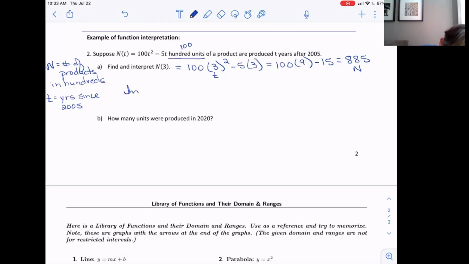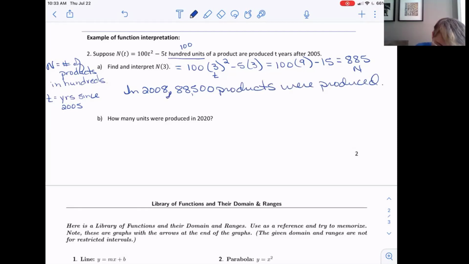So we would say in 2008, 88,500 products were produced. Make that comma a little bit bigger so you don't think it's just one huge number.